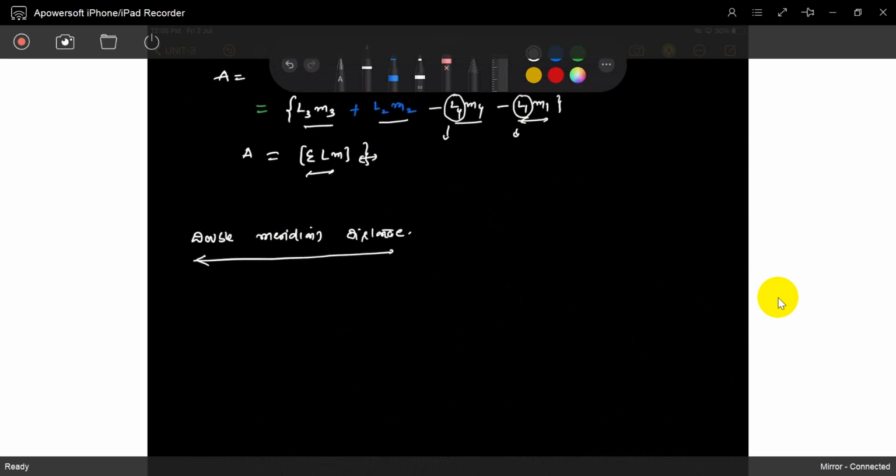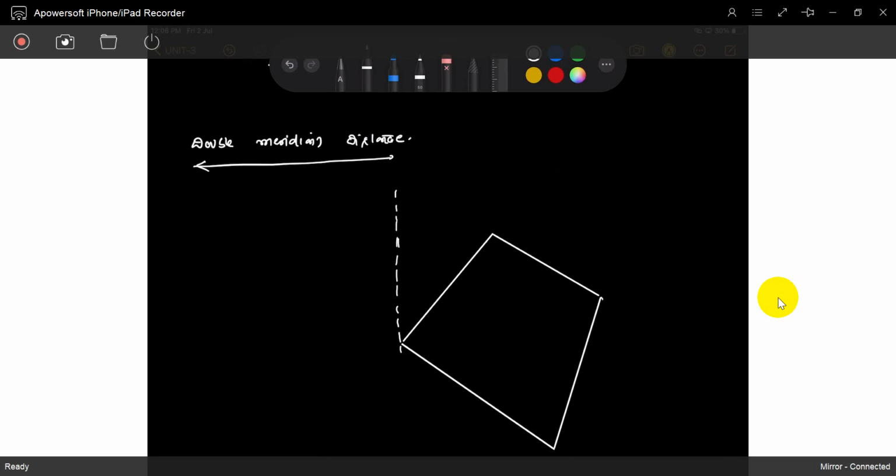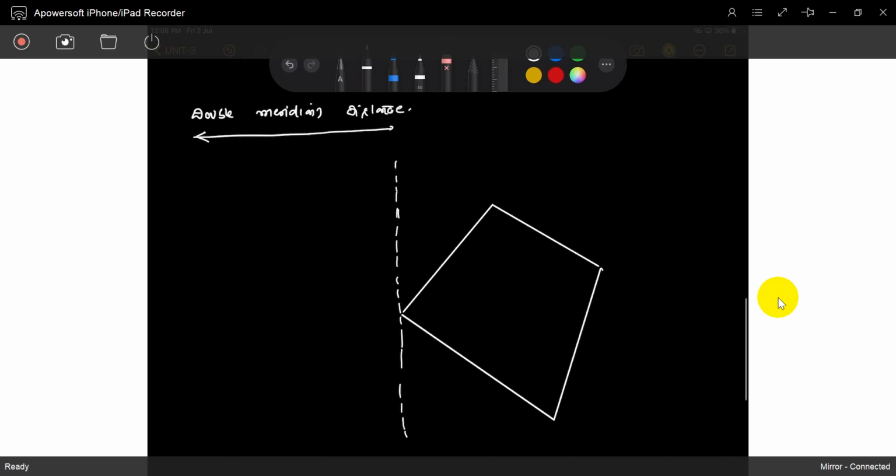You see it is the same triangle, same problem. Just double the meridian, that's enough. Double the meridian, C A B C D.